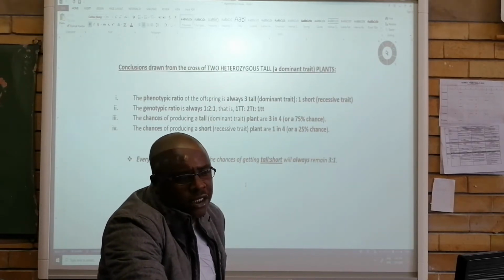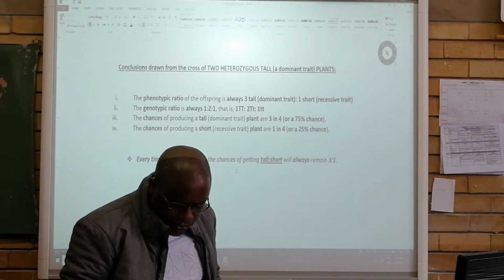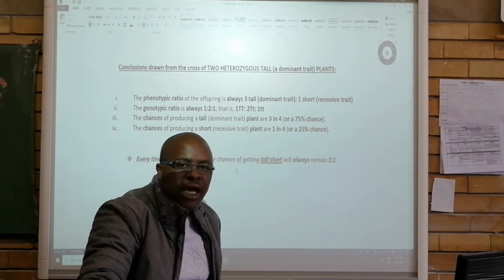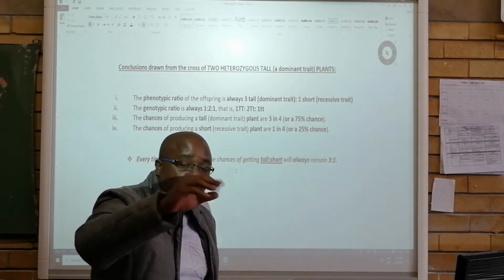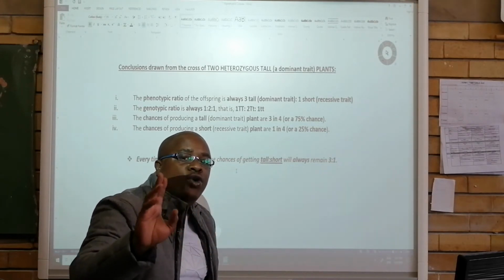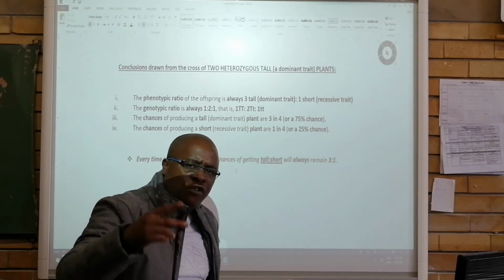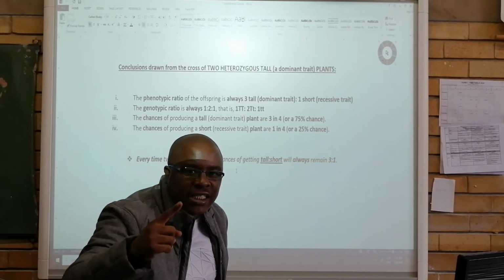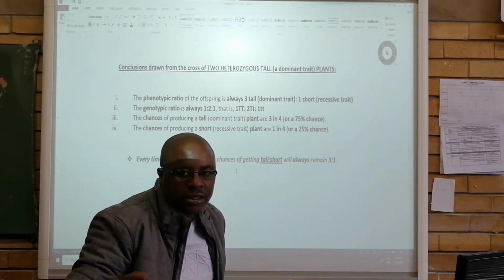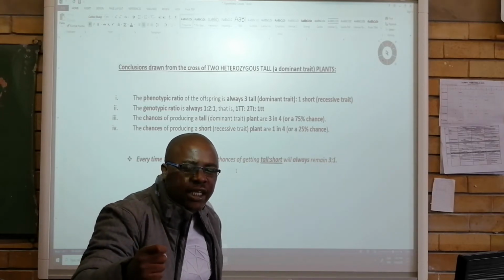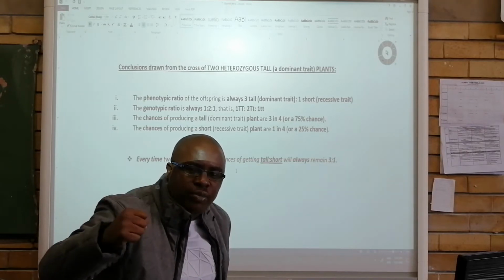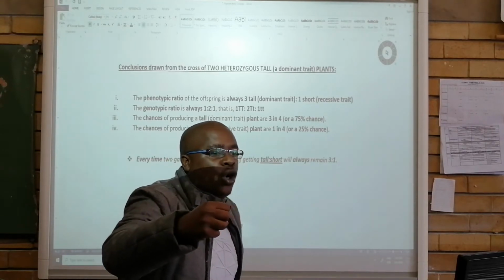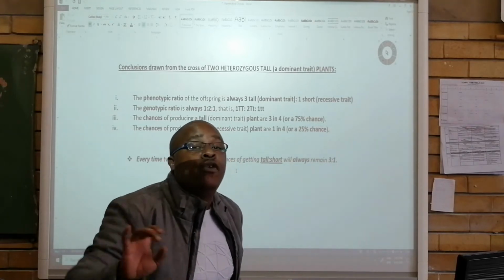So what did we figure out from our last lesson? We figured out that when you cross two individuals for a particular trait, and both of them are exhibiting that trait in a heterozygous state, then when you do a cross between two heterozygous characteristics, we end up with a phenotypic ratio of 3 of the dominant to 1 of the recessive.